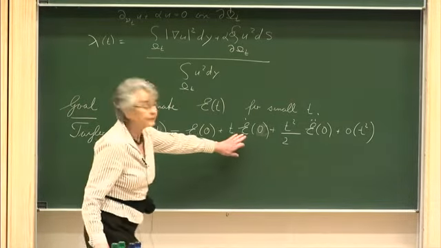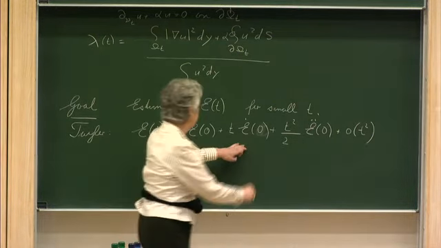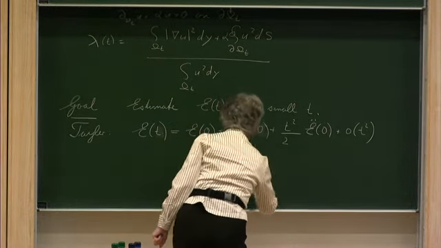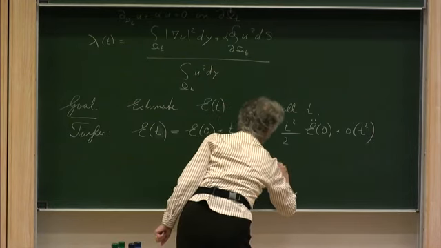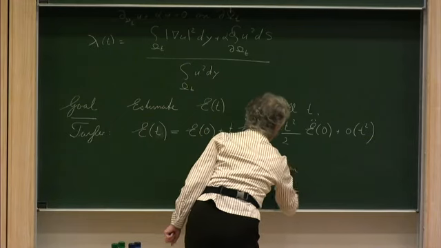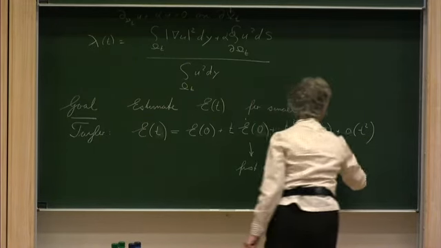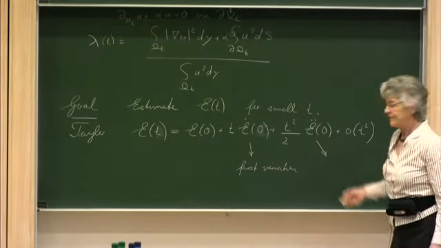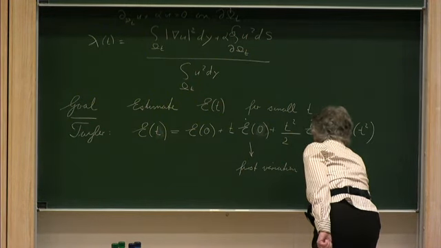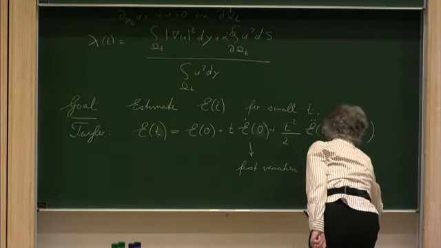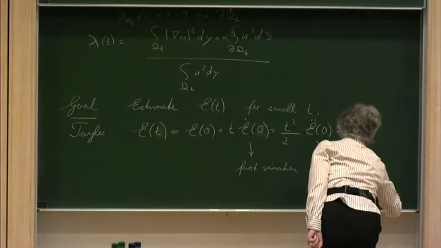So this is called the first variation, and this is the second variation. And we will just focus on those two, the first and second domain variation.